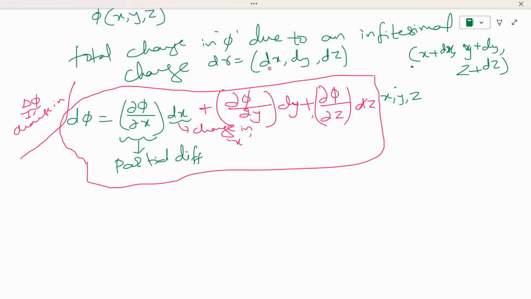Then if it is asked to calculate only for dx, we multiply the other terms with 0. So it is only dou phi by dou x into dx.